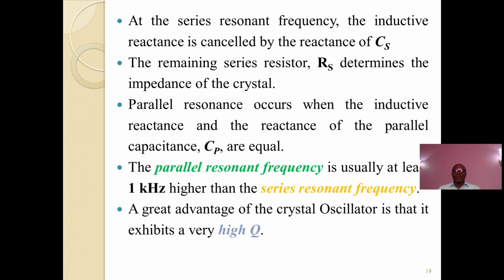So when, on the right hand of the circuit, the capacitive reactance CS and the inductive reactance are equal, then the voltage there only develops across R. Then it means that it is now R in parallel with the capacitor on the left side of the circuit, which is CP.